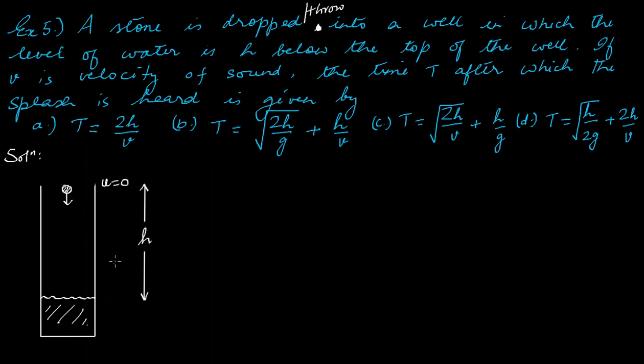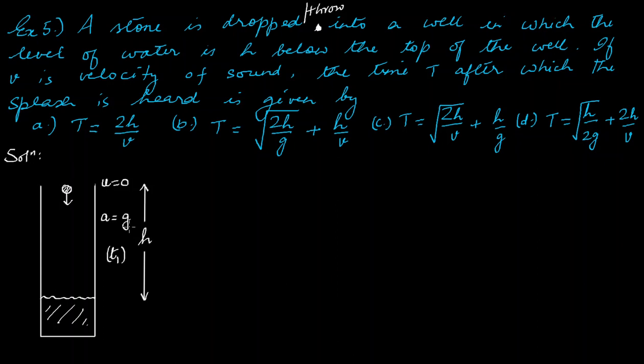And what will be the acceleration? Acceleration, obviously, this will be equal to the acceleration due to gravity because it is falling downward. So let's say it reaches the water in time t1. Okay, let's call this t1. All right.